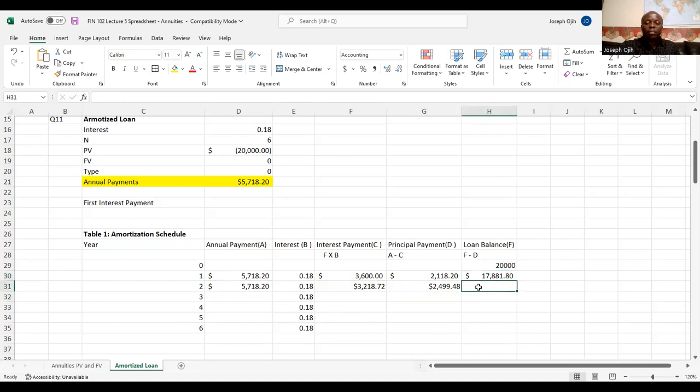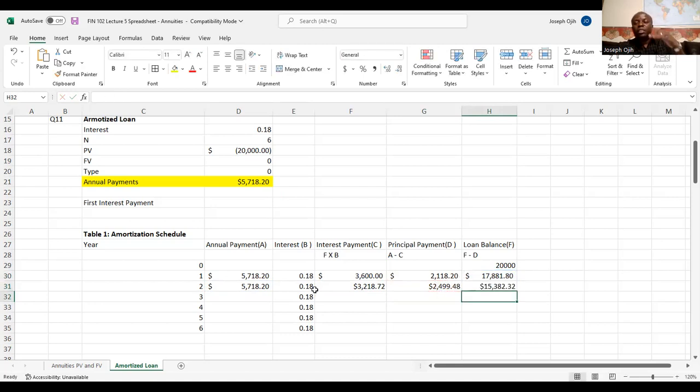So that the balance now will become equal to this previous balance minus the amount that went to the principal. So this is right here.